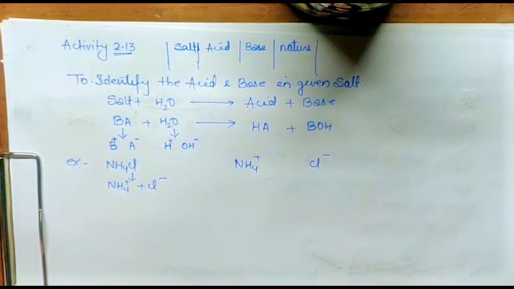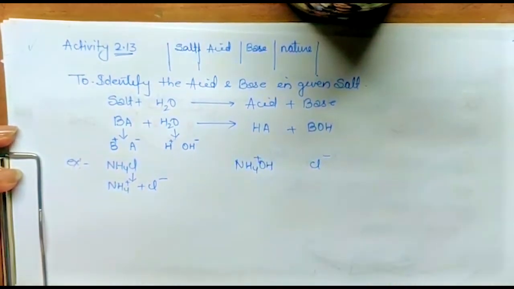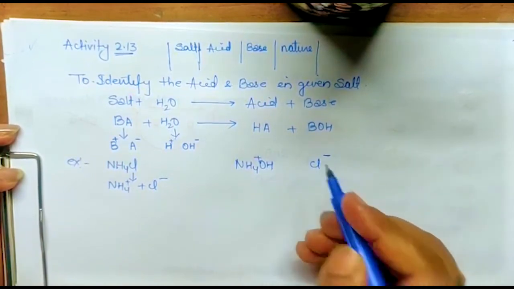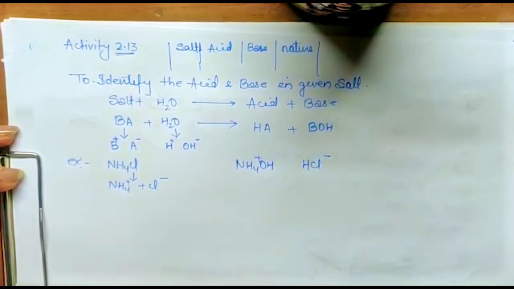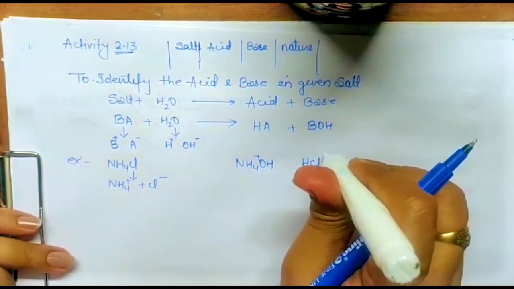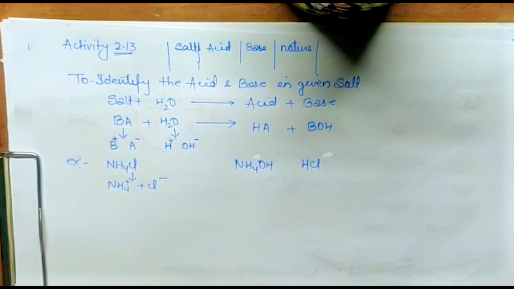This is not the answer. Please be very careful. With this positive part we will add the OH, and with this Cl minus negative part, what we will add? H. Is it clear? Because this is a very common mistake done by you people. Got it? So please be very careful.